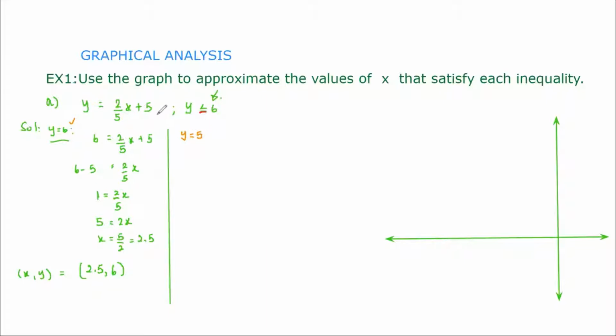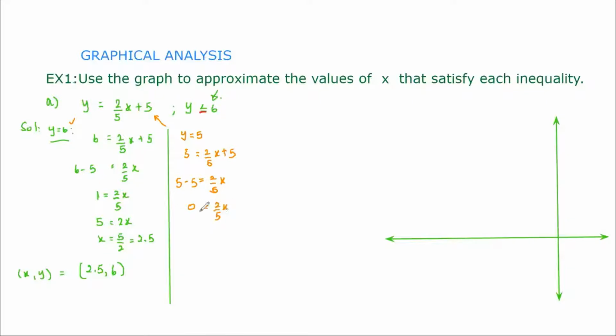I replace y with 5 in the equation: 5 equals 2 over 5x plus 5. Move the 5 to this side, 5 minus 5 becomes 0, equal to 2 over 5x.